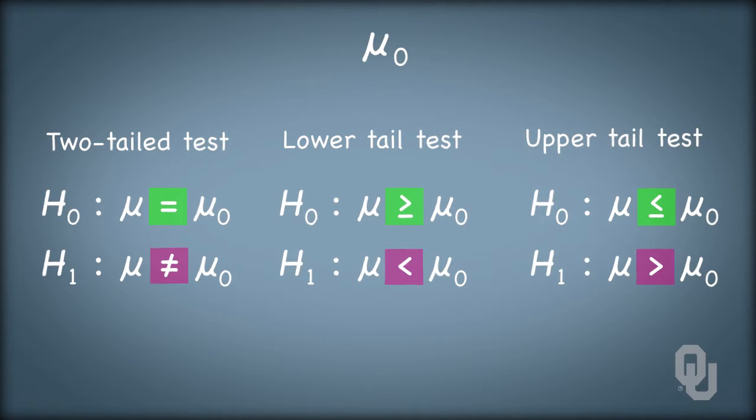The non-rejection region always contains the mean value, so the null hypothesis contains equality to the hypothesized mean value, mu naught. Some textbooks always use equal to in the null hypothesis, but I think differentiating among equal to, greater than or equal to, and less than or equal to is more descriptive and also more accurate.